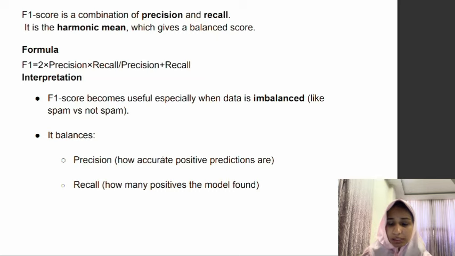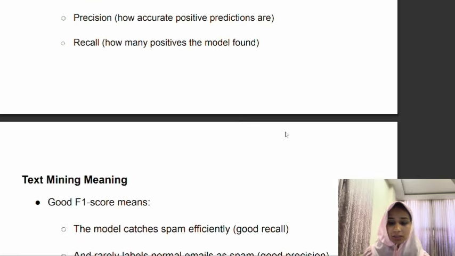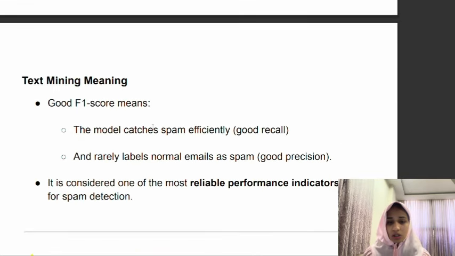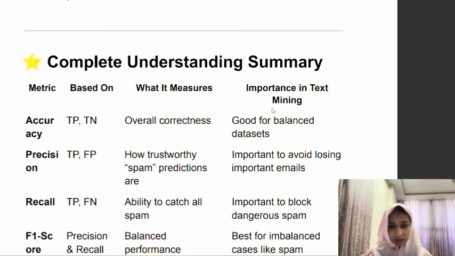It balances precision, how accurate positive predictions are, and recall, how many positives the model found. Text mining meaning: a good F1 score means the model catches spam efficiently and rarely labels normal emails as spam.